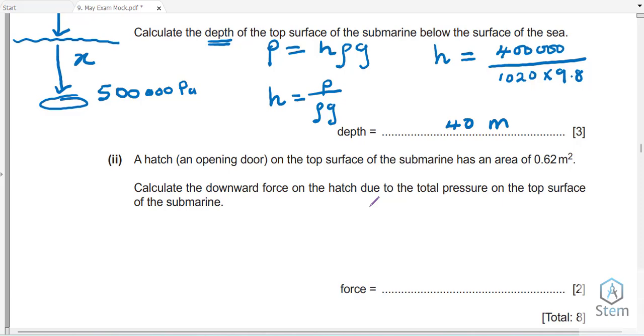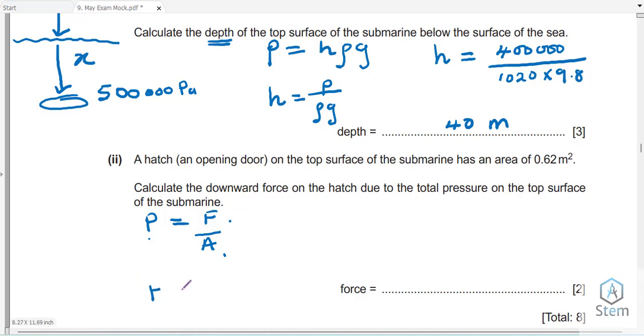H, which is an opening door on top of the submarine, is an area given. What is the downward force on the H due to the total pressure on the top surface of the submarine? We know pressure can be given as force over area. We have the pressure, we have the area, we need the force.